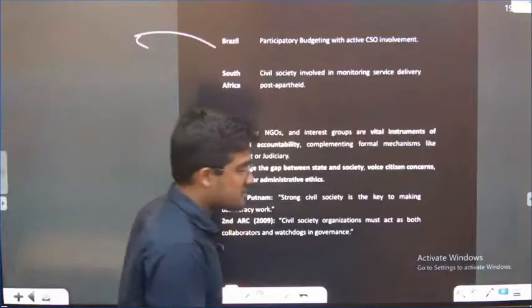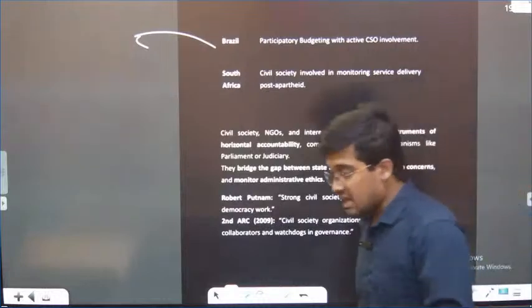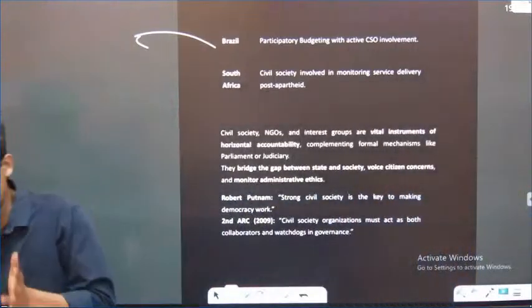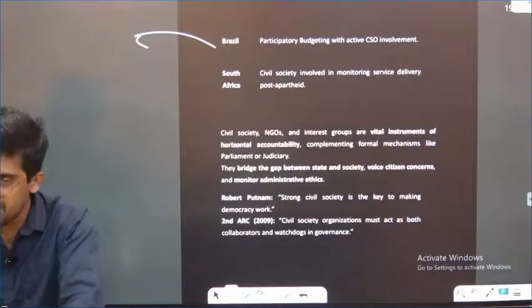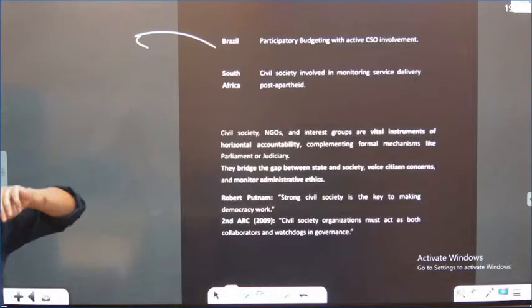Budgeting is done in Brazil with active involvement of citizen groups. Here in India, the budget is decided by the government and given to the public functionaries, and they get a part of the monitoring. But there, budgeting is done by CSOs.